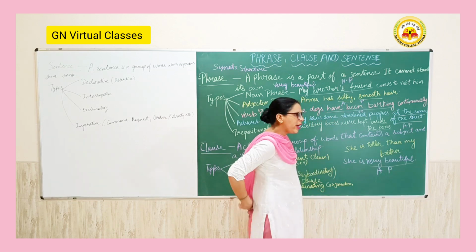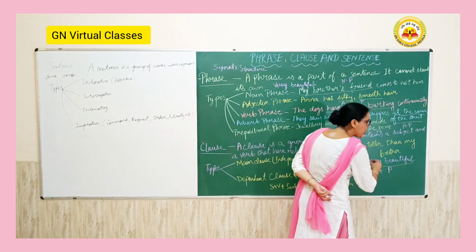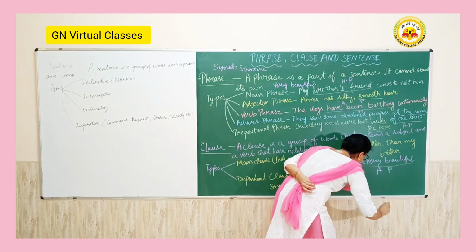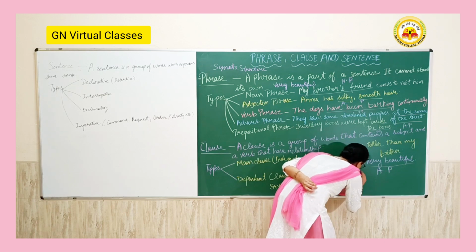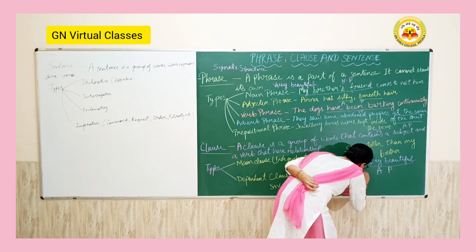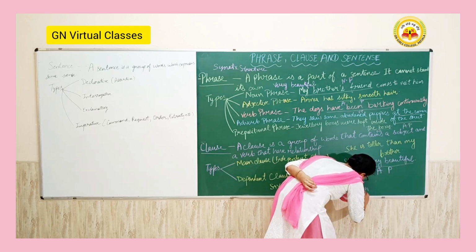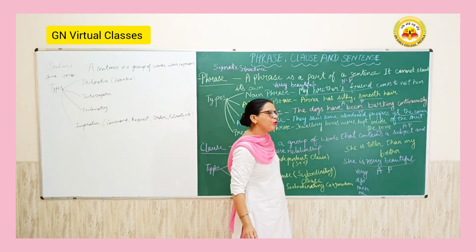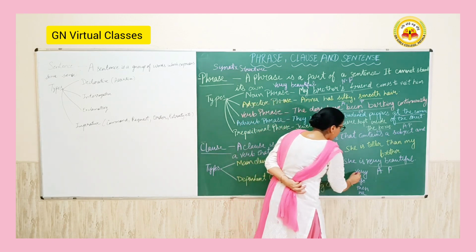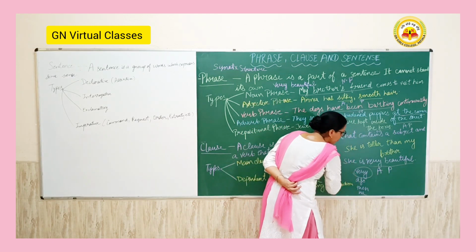And sometimes you are asked to choose a phrase. You have to choose a phrase from the words very, ago, then, he. From these four words, which is a phrase? Very is a phrase.